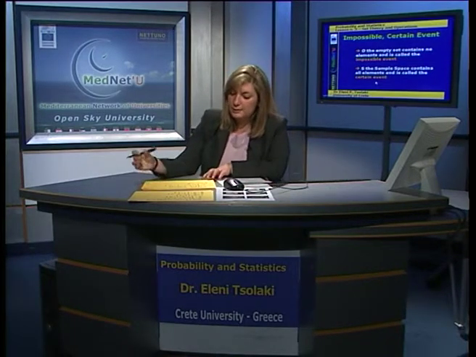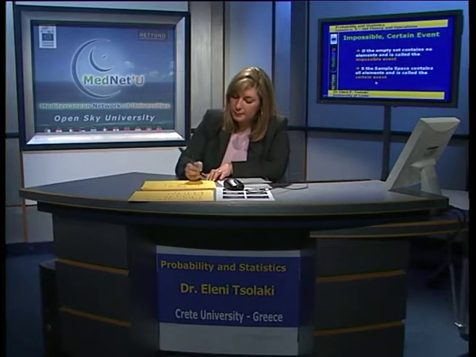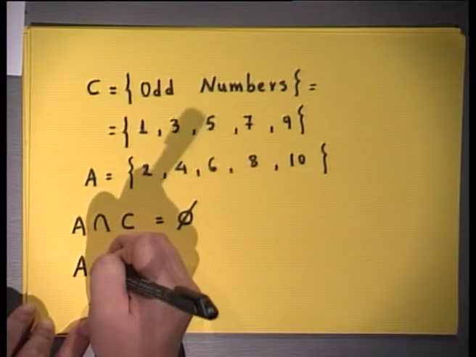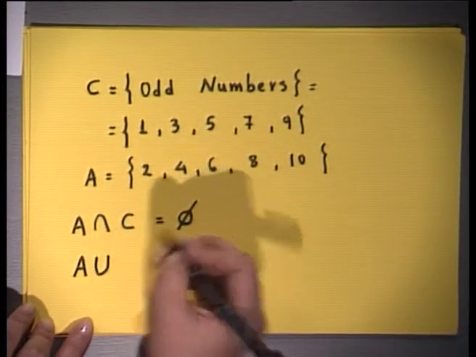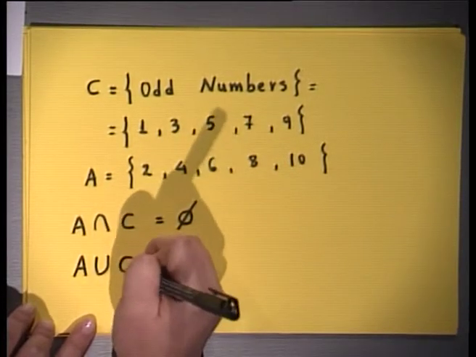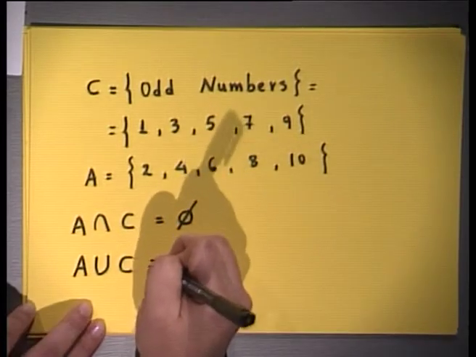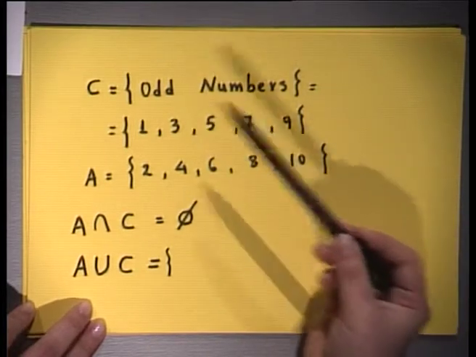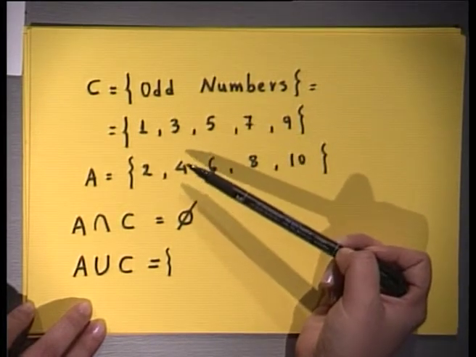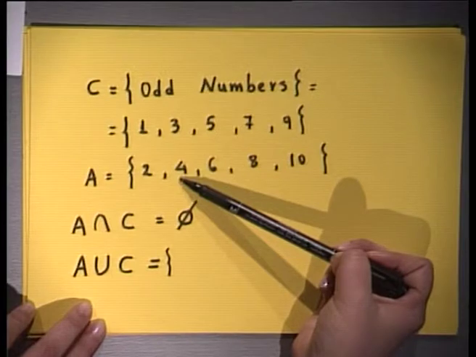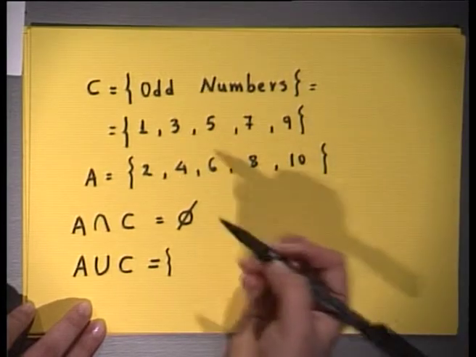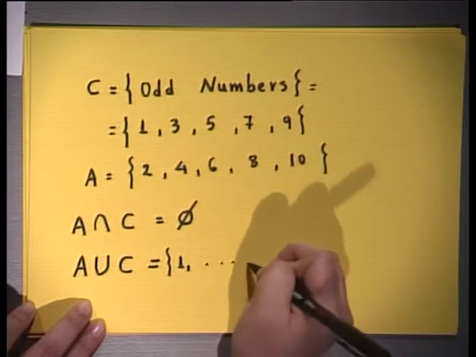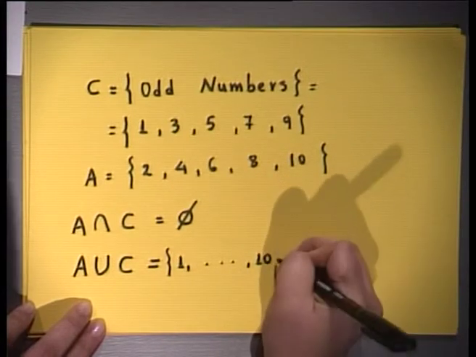So for our example, A union C will be all odd and all even numbers. So it will actually be numbers 1 up to 10.